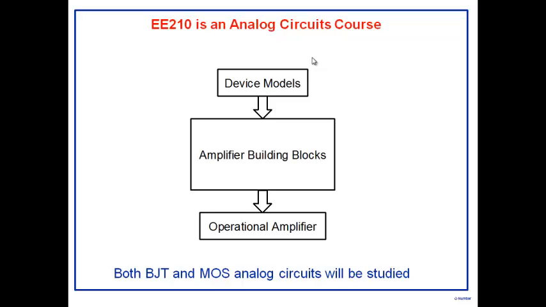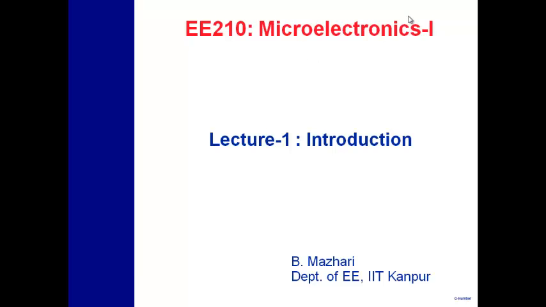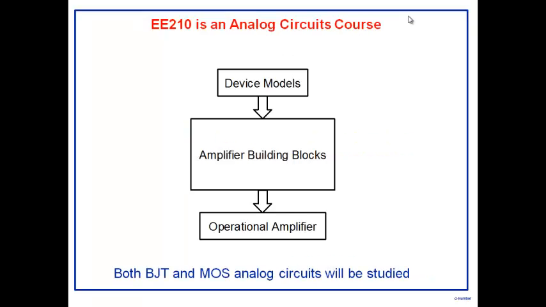EE210 is called Microelectronics 1, and microelectronics is a very large field, and within microelectronics, as we'll just see, there are sub-branches. This particular course deals specifically with analog circuits. In your previous exposure to electronics, you must have heard that circuits can be classified into analog and digital, two broad classes.